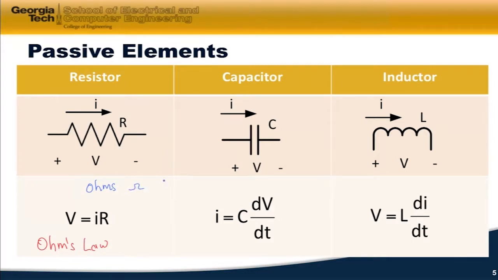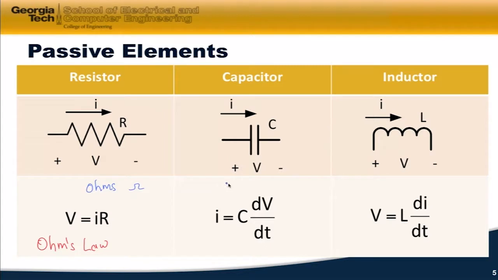Now if I go on to a capacitor, it is an energy storing device. And it is governed by this differential relationship between the current through the capacitor and the voltage across it. And note again that the convention is to show the current going into the plus side of the voltage, and then we get this equation.